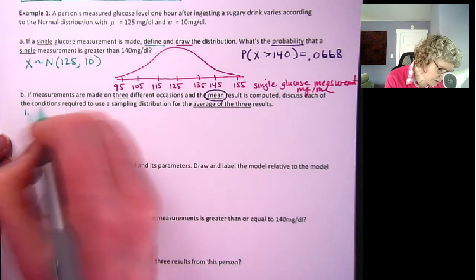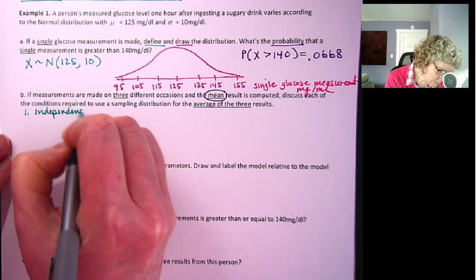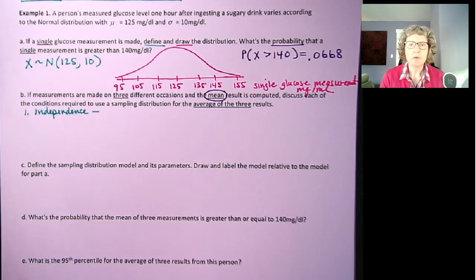So the first one was independence. We need to know if we're taking measurements on 3 different occasions. Think of the same person, but being checked over time. Would these blood glucose levels be independent from each other?